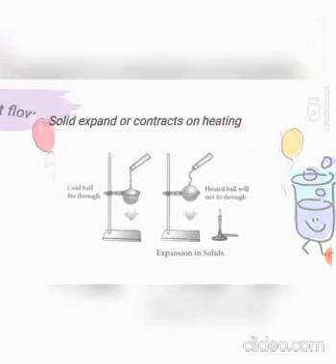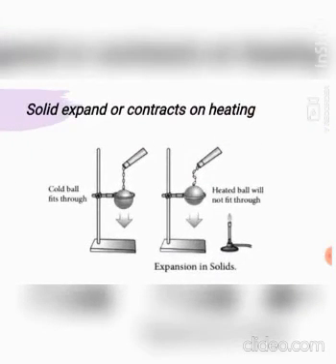The fourth property is solid expands or contracts on heating. This property is explained through an activity. For this activity we have to take an iron ball and set it in the stand. You can see the ring is placed in the stand and we are going to insert the ball into the ring.